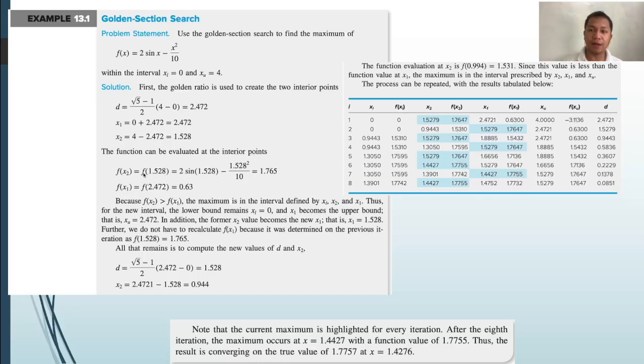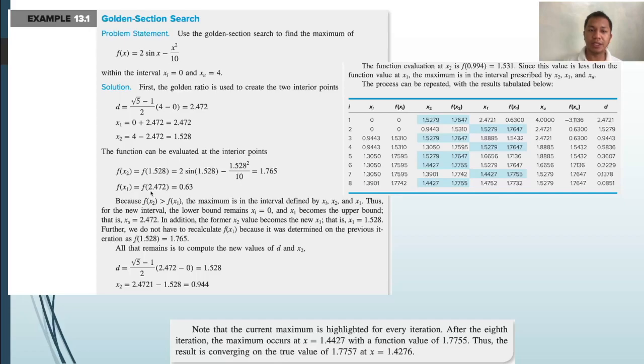So the value of f of x2, with x2 equal to 1.528, becomes 2 sine 1.528 minus 1.528 squared over 10, substituting the value of x into the equation, which is equal to 1.765.